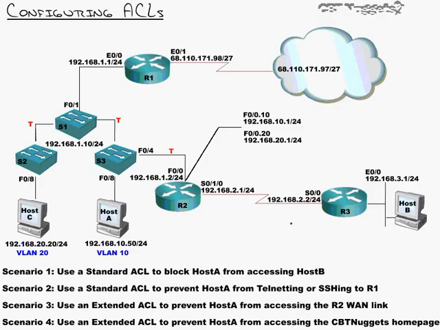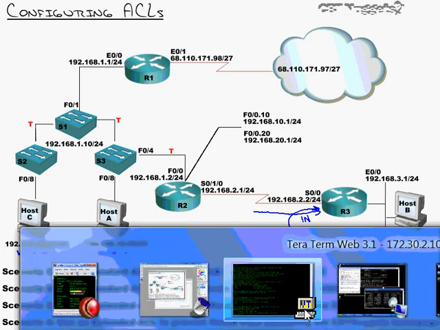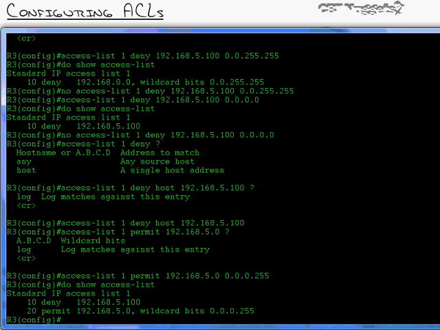Let's say that we want to protect router 3 from receiving messages from that host that we denied, 192.168.5.100, right? So I can apply it inbound on serial 0/0. Remember, hold out your arms, just like I talked about in the previous video. Identify your direction as things are coming in that serial interface. That's where I want to deny that specific host. So that's where we need to apply it, serial 0/0.